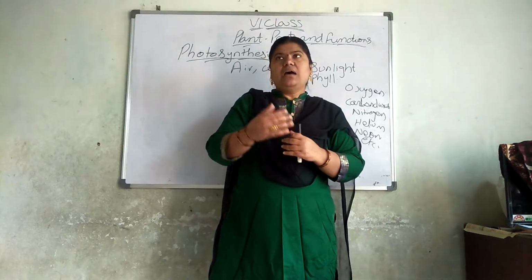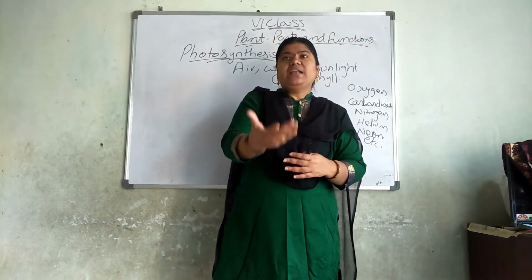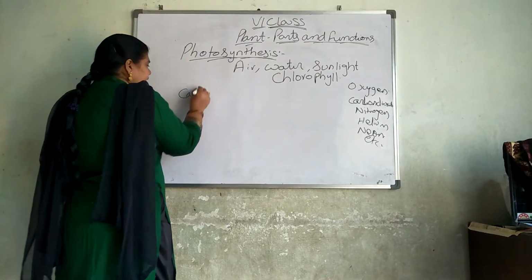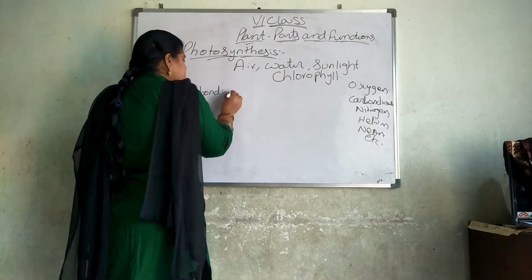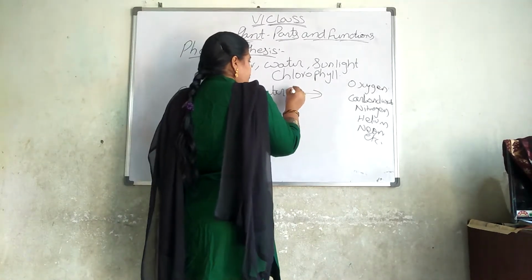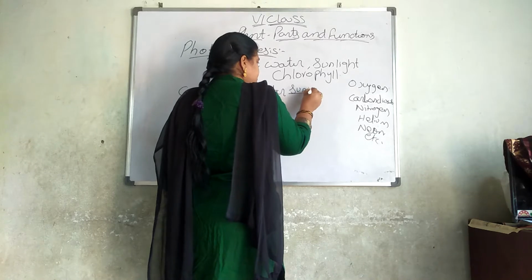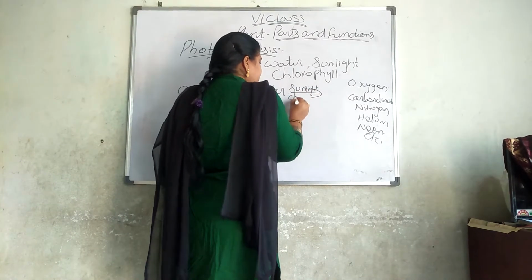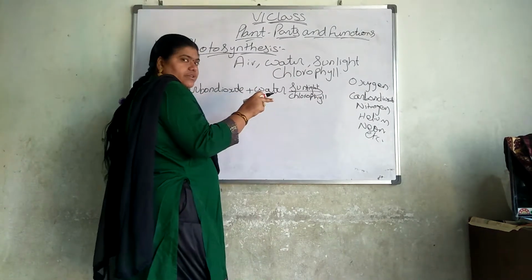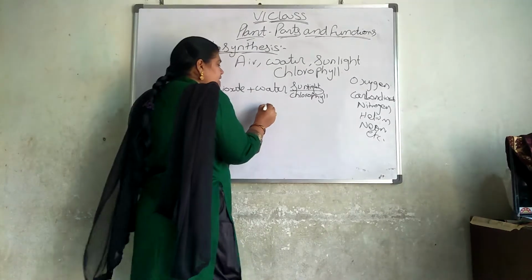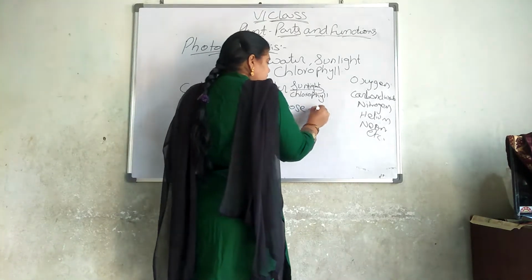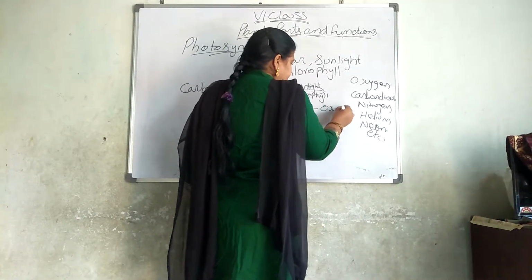Then how are we taking oxygen and leaving carbon dioxide? I'll tell you. Carbon dioxide, when reacted with water in the presence of sunlight and chlorophyll, gives us glucose and oxygen.